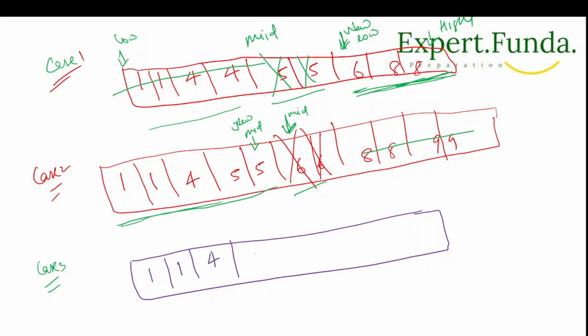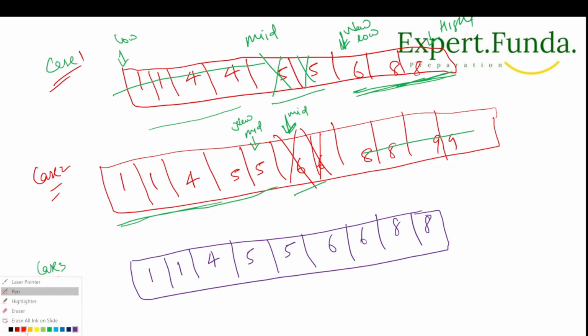Next I will take 5 5, and then we can take 6 6 8 8. Now the mid element is what? The mid is nothing but these two. This is removed. Our mid was here, correct?